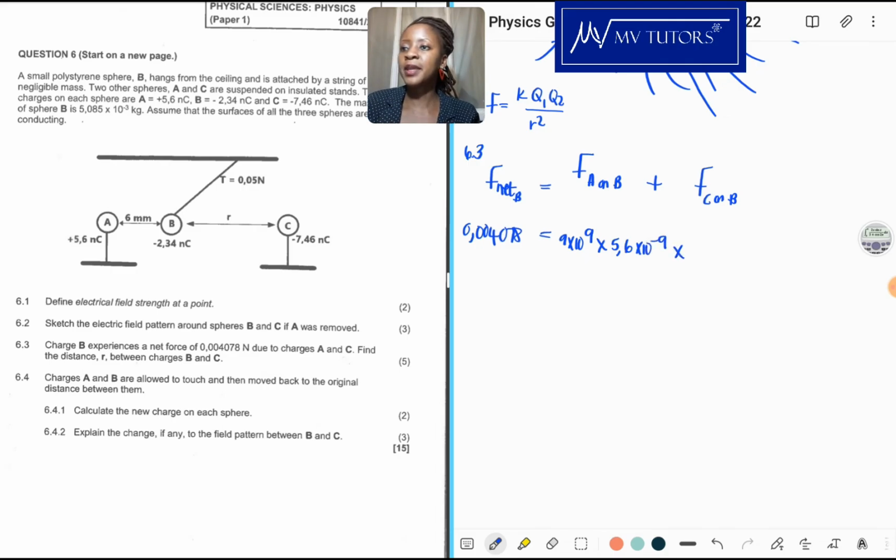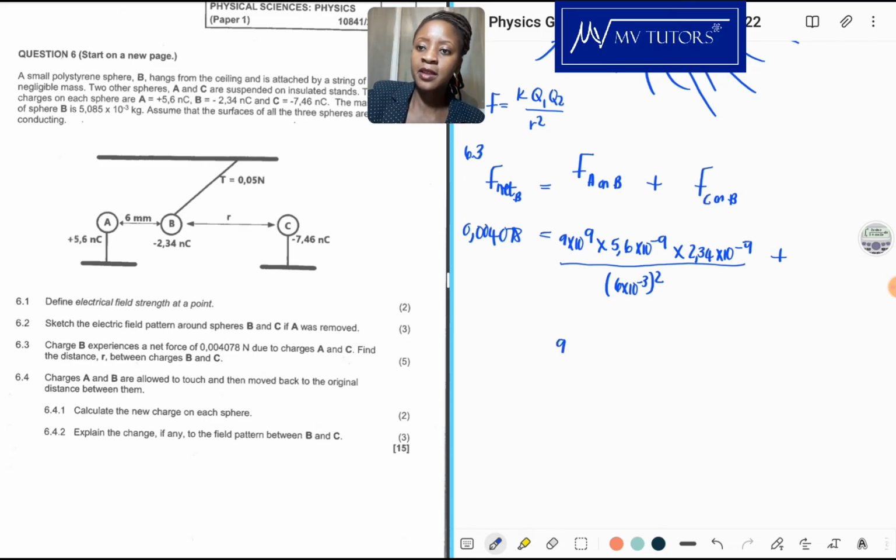And then B, we have 2,34 times 10 to the negative 9. That is all over R squared, which is 6 times 10 to the negative 3 squared. Then we add the force of C on B.